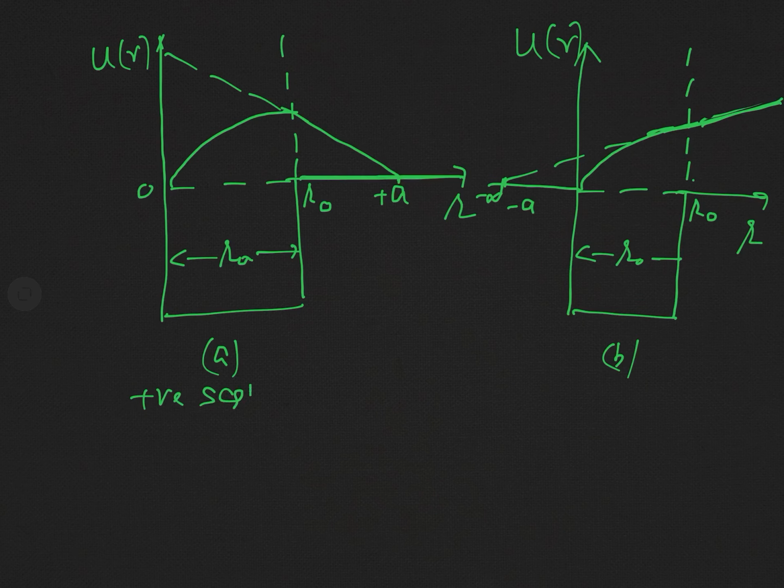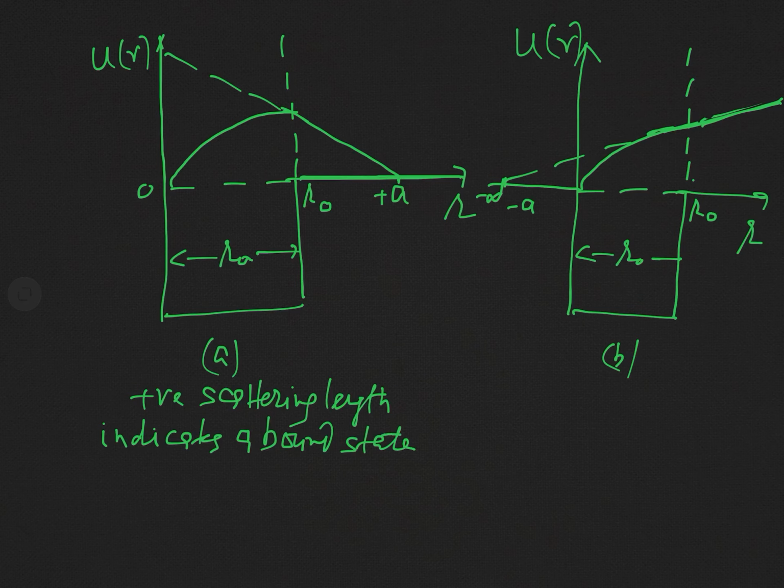And so this figure A represents positive scattering length, which indicates a bound state.